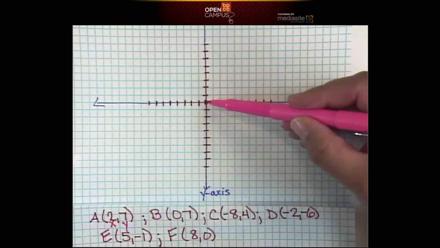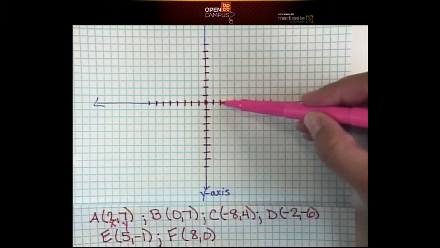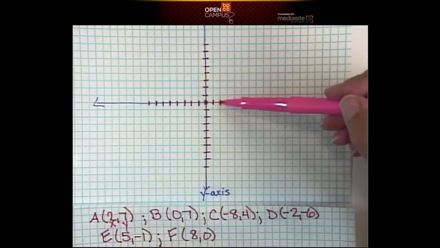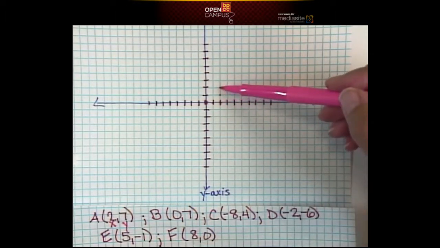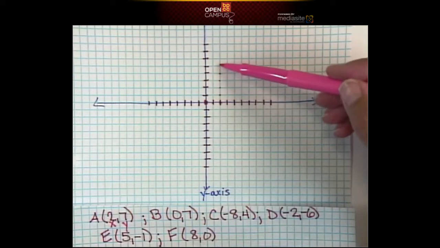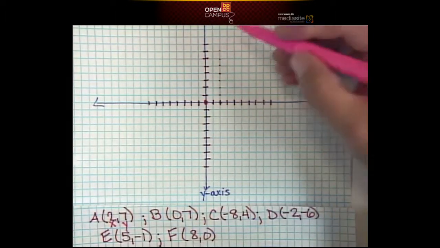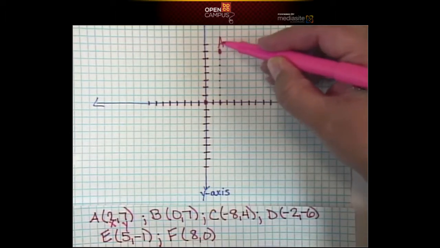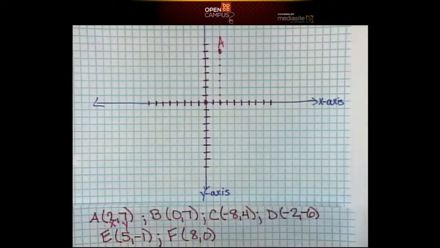So we move 1, 2 spaces to the right. Then from here we move our y value, which is +7. That means I count up 7. So that'll be 1, 2, 3, 4, 5, 6, 7. I'm going to stick a point and label it point A. All right, so that's how we're going to do it. I'm done with point A.